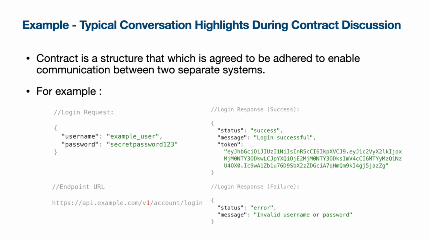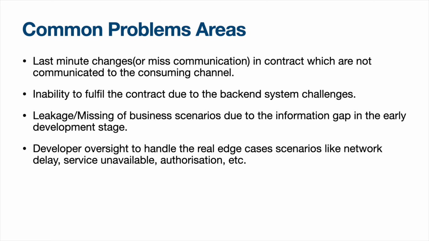And v1/account/login would be the path for hitting the login service. Thus, at the end of this discussion, the two teams will have a clear idea as to what the consuming team would get and what the providing team should expose. The example that we talked about is a typical pattern that we'll see in all contract conversations.